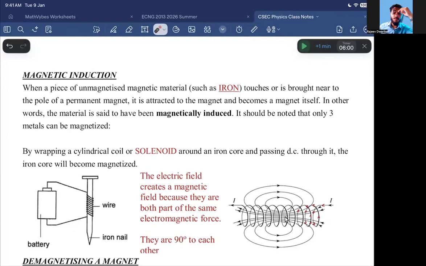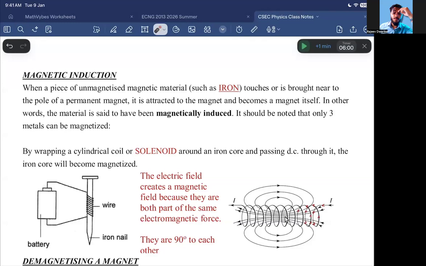If you have the magnet close to iron, it technically induces magnetism on the iron. Isn't that what's causing the dipoles to align? Yes, sir. And that's done wirelessly. Induction is any process that happens wirelessly. If there's no physical contact, then that's induction.